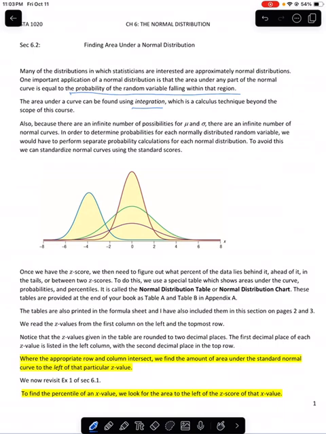So what we do is we can standardize these normal curves by using the z-score. And the distribution that we get, we call the standard normal distribution.